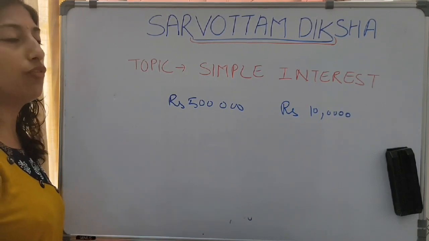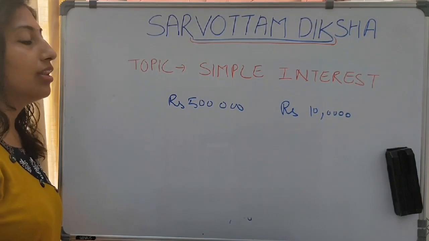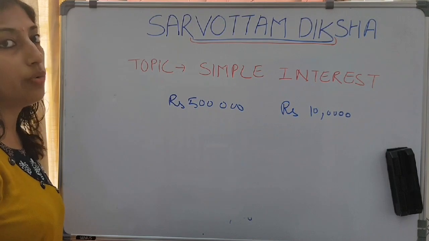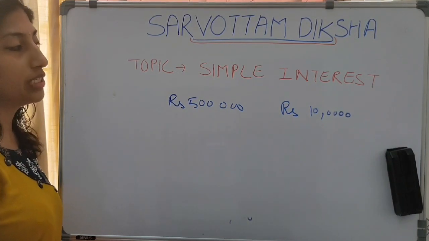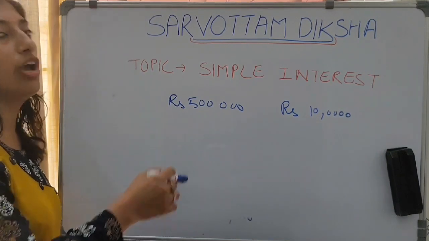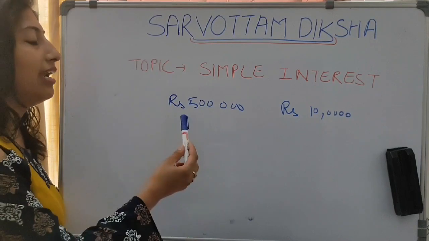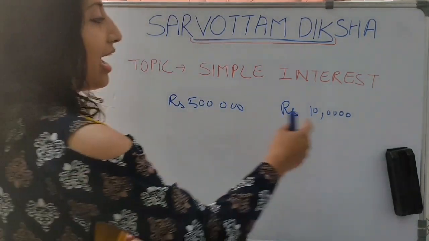See, they can't tell you for 5 lakh I will do this much. They have to make some standard. Like some particular bank will say for car loans you have to pay us 8% interest. 8% means for every 100 you have to pay them 108 rupees annually, and accordingly we will calculate how much you have to pay for 5 lakh and 10 lakh.